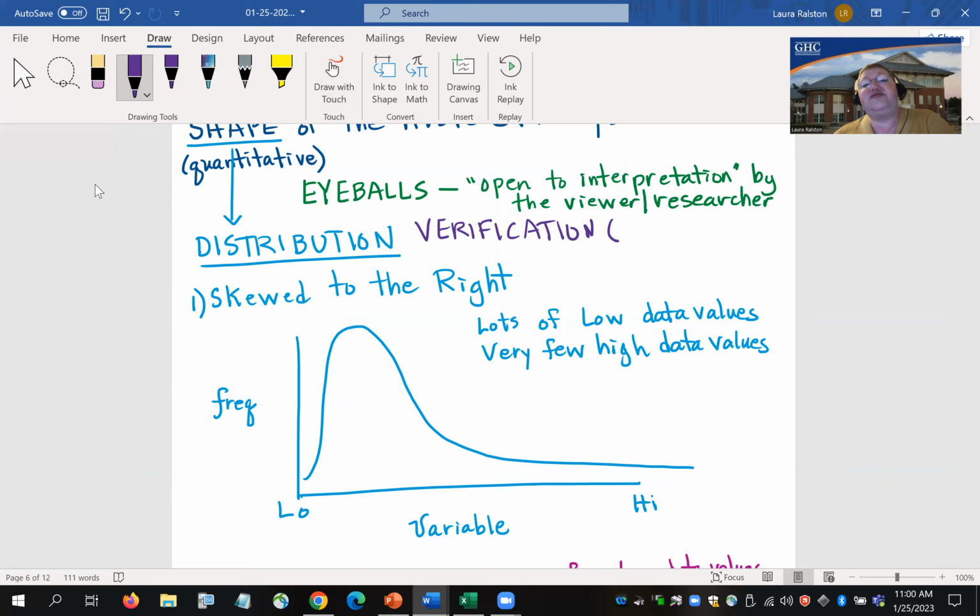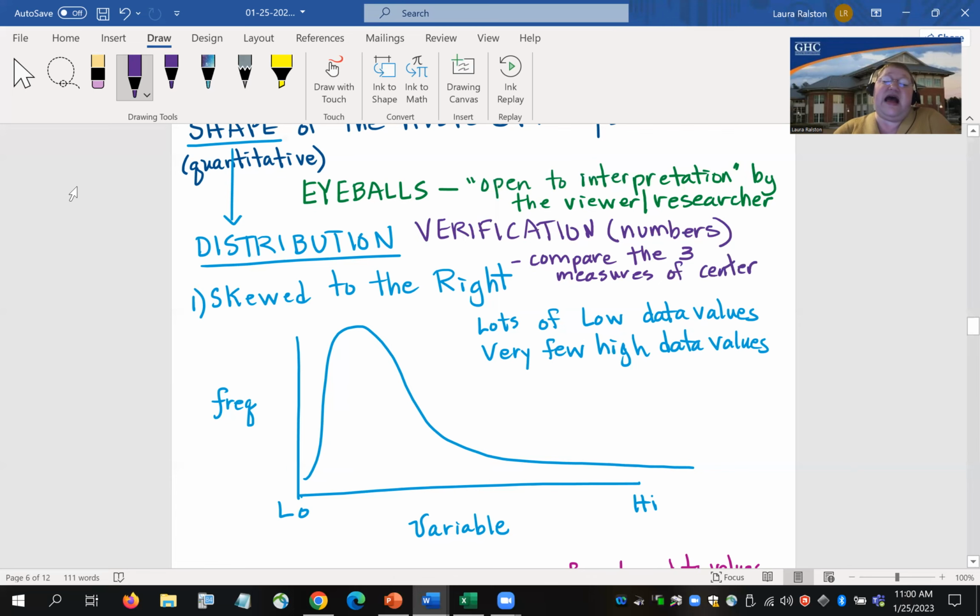Okay, where we're using the numbers. We're not relying on our eyeballs. With the verification, we compare the three measures of center.